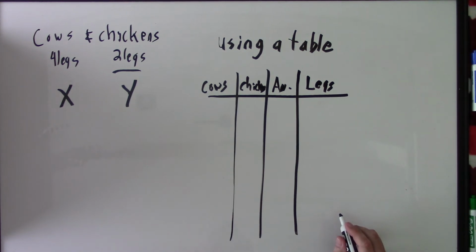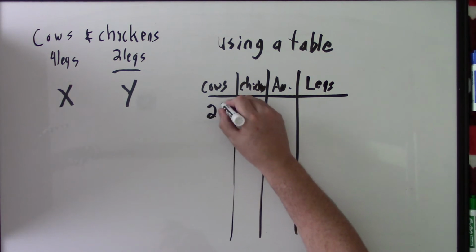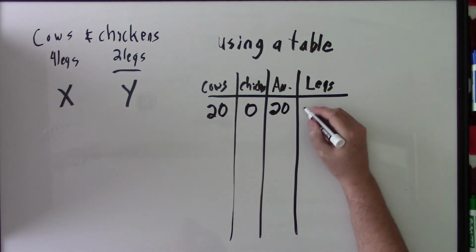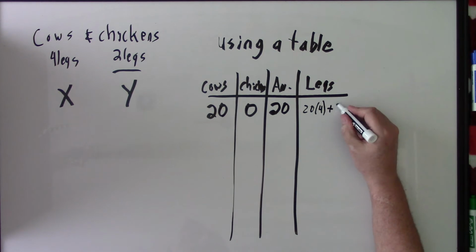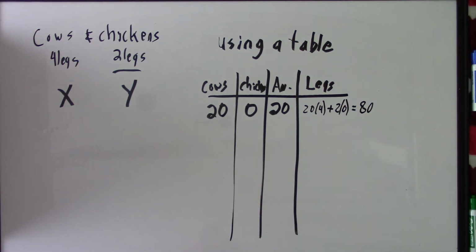So we just start at one or the other because we want to go through some kind of methodical process of this. So let's make them all cows. So I have 20 cows, that's 0 chickens. So these two numbers have to add to 20. And then over here I'm going to do 20 times 4 plus 2 times 0, and that equals 80. So I have too many legs.